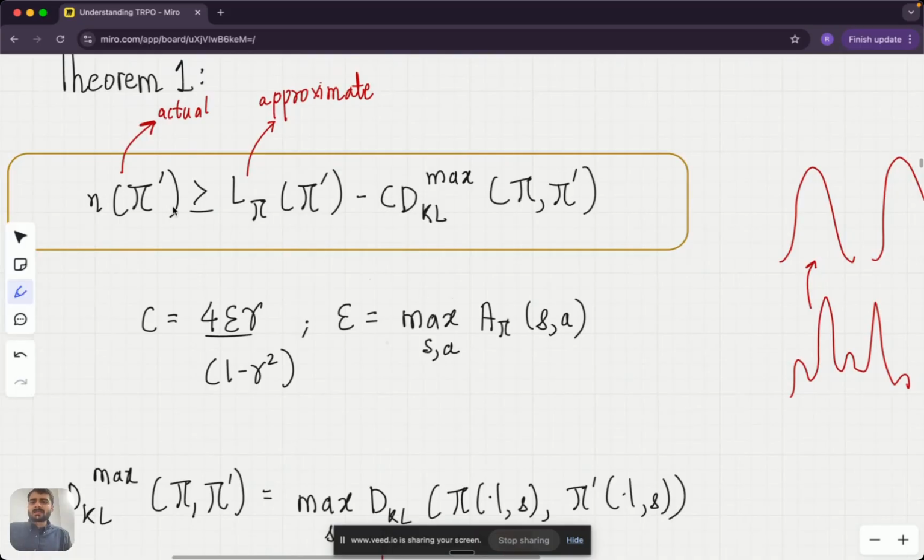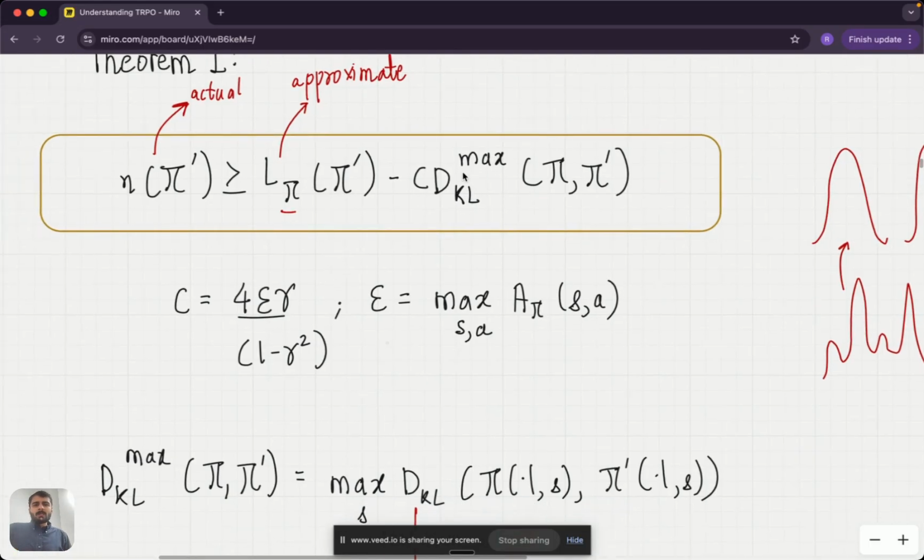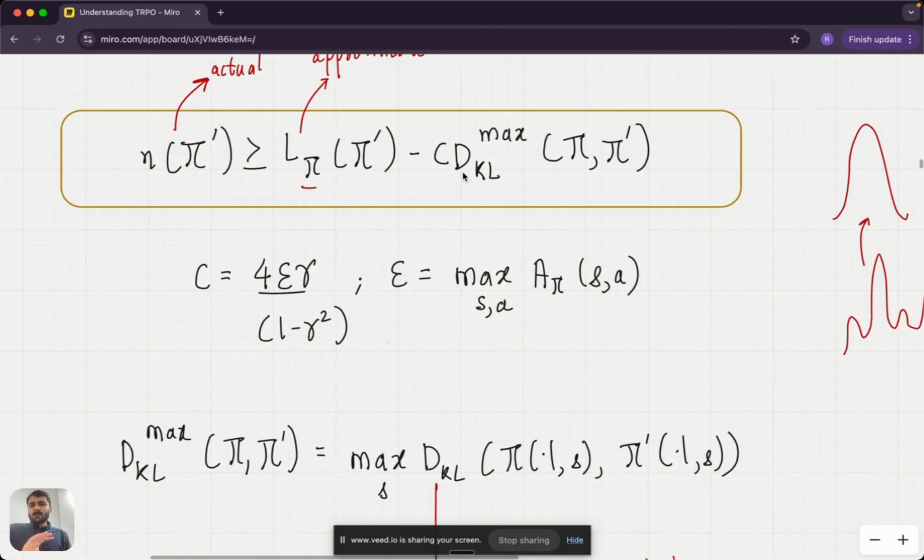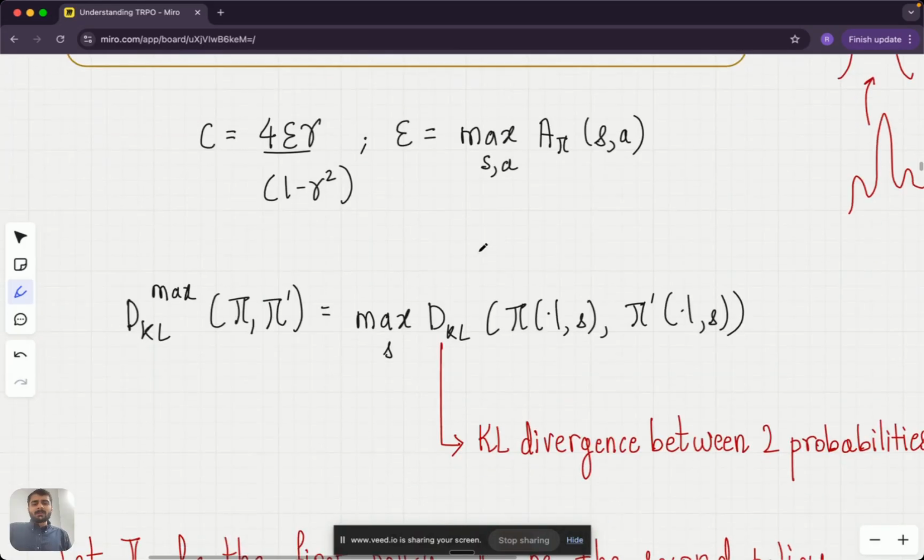Now, this theorem tells us that the actual performance measure of the new policy is greater than or equal to the approximate performance measure of the new policy with the state distribution from the old policy, which is denoted by pi, minus a coefficient times the KL divergence between the old policy and the new policy. The proof of this is complicated, and we are not going to go into this proof at all. It is not required for the purpose of understanding this content.